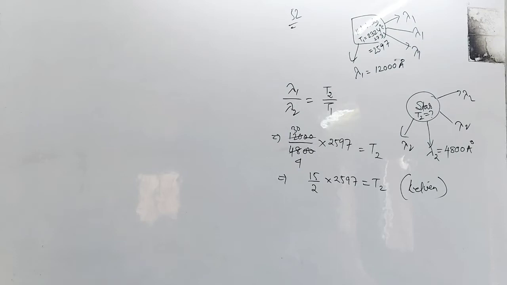Question number 58. Two spherical bodies A and B. The radius of sphere A is 6 centimeter, and that of sphere B is 18 centimeter.